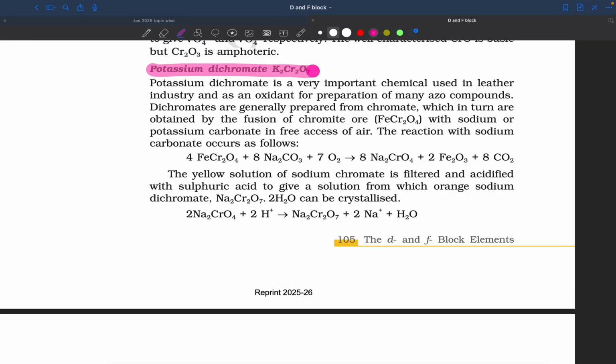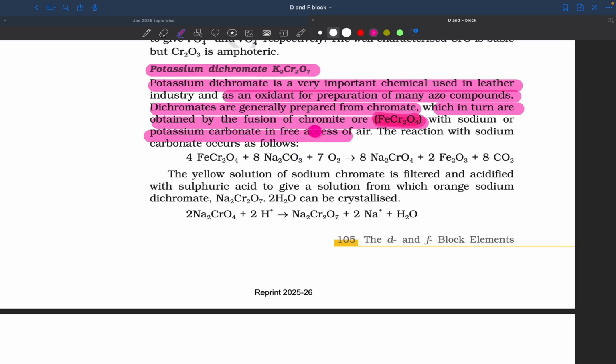Potassium dichromate K2Cr2O7 is a very important chemical used in the leather industry, and as an oxidant for preparation of many azo compounds. Dichromates are generally prepared from chromate, which in turn is obtained by the fusion of chromite ore. The chromite ore formula is FeCr2O4, fused with sodium or potassium carbonate in free excess of air to supply oxygen.